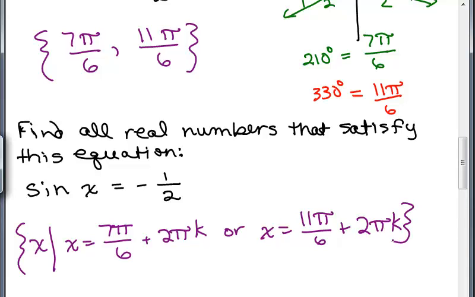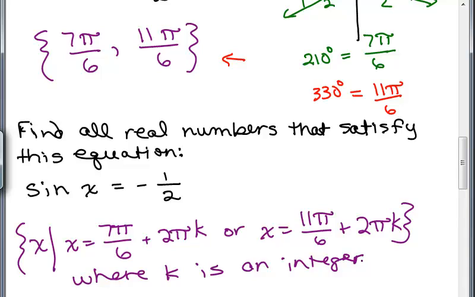Now that gives us infinitely many solutions. We are getting all the solutions coterminal with 7 pi over 6 and 11 pi over 6. k is an integer in this case, and since k is an integer, we should make it clear by writing that here, where k is an integer. In other words, k can't be any number. It can't be a fraction. It can either be 0, 1, 2, 3, 4, 5, etc., or -1, -2.